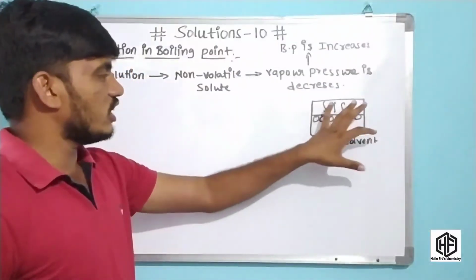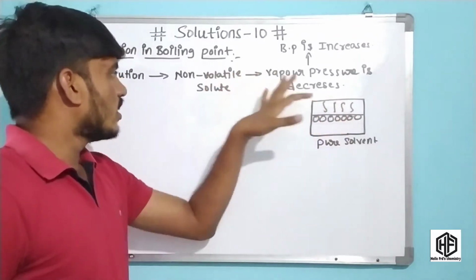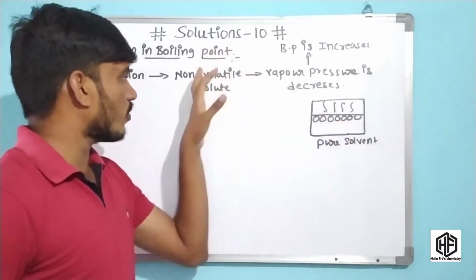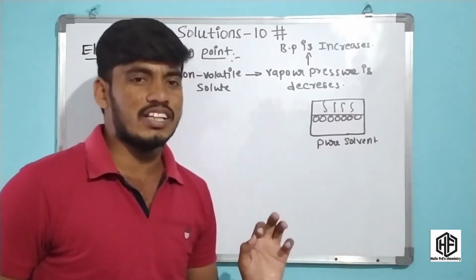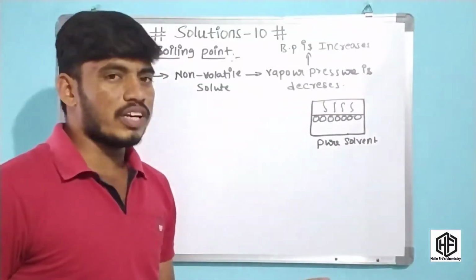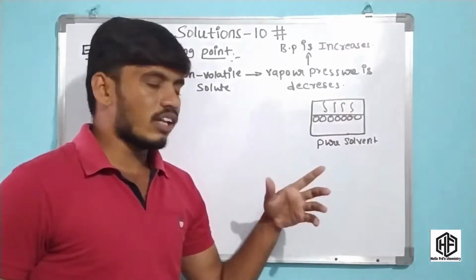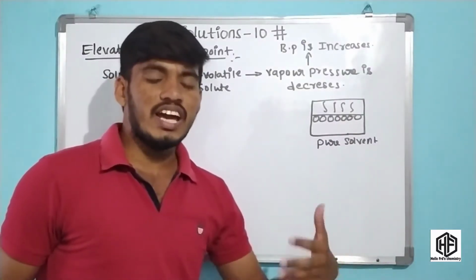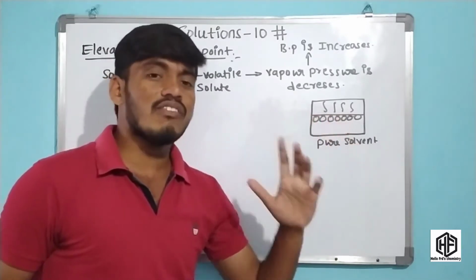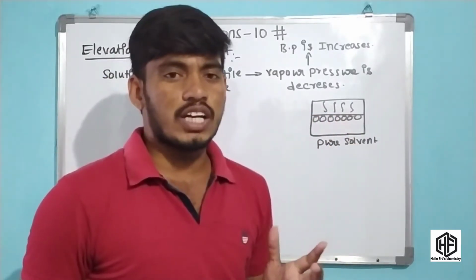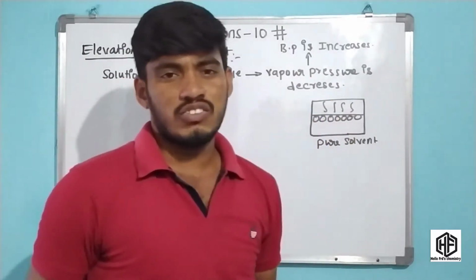But in this case, the pure solvent is added to the non-volatile solute, and the non-volatile solute has no tendency to evaporate in nature. So a very high temperature is needed for that solution. Whenever very high temperature is used, the boiling point is very high.